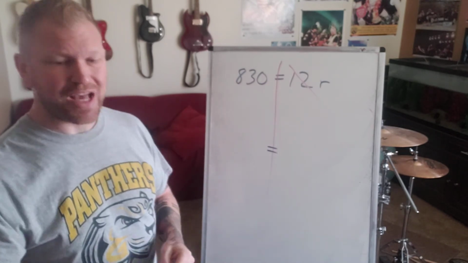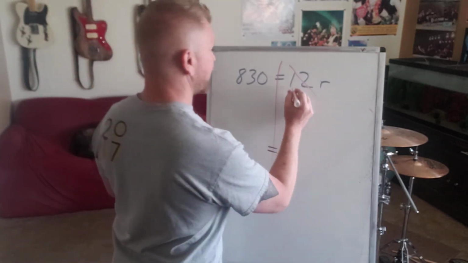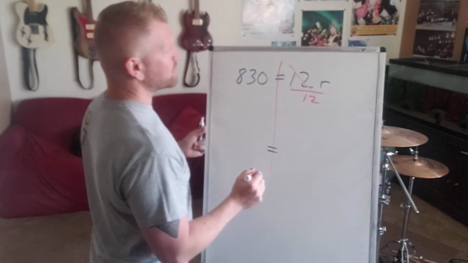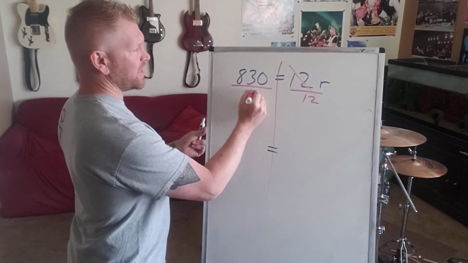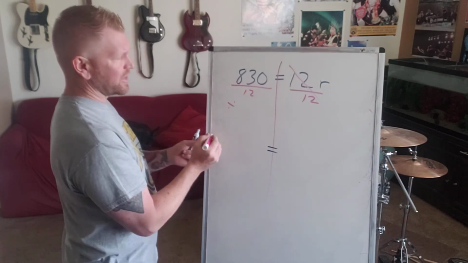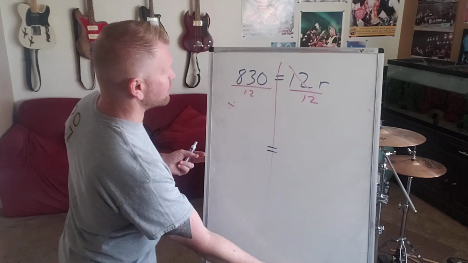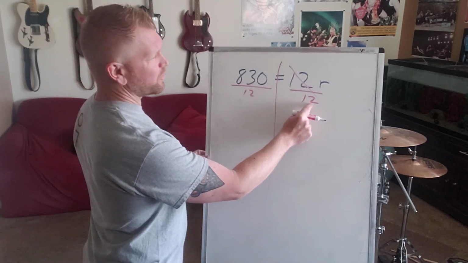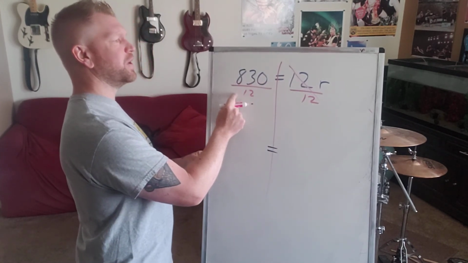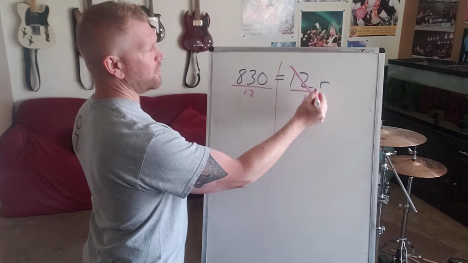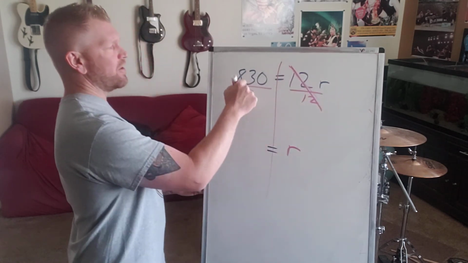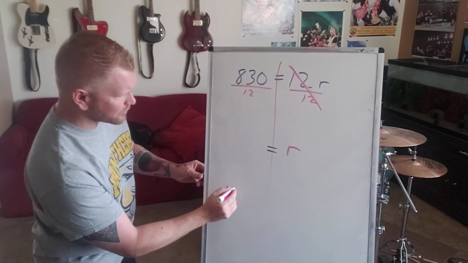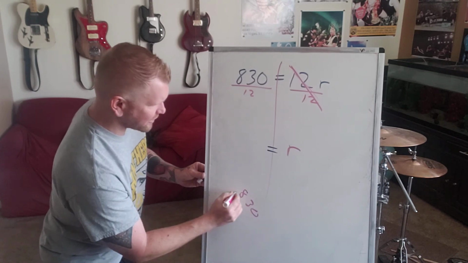So the opposite of times 12 is divide by 12. In algebra, you're usually going to see this division sign instead of like this division sign. So I'm going to use this division sign. So divide by 12 there, divide by 12 on the other side as well. Okay, the 12s cancel each other out. The R comes down. Now I got to figure out that. I really don't know what that equals, so I'm going to do my scratch work off to the side.